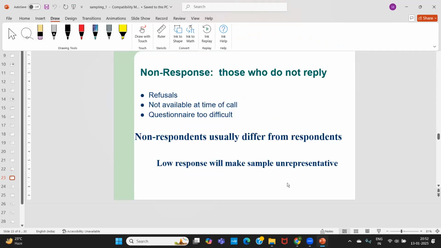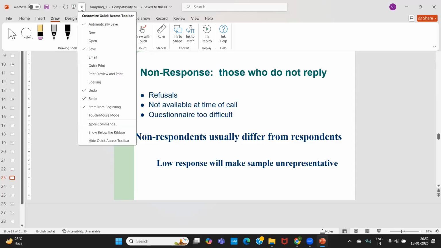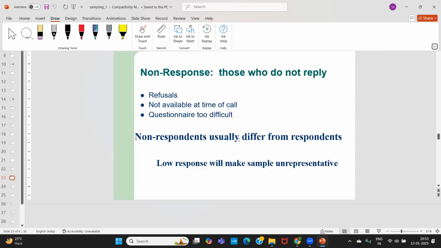Non-respondents usually differ from the respondents. And what is the impact of low response? It will make the sample unrepresentative, and whatever conclusion you come up with in your study is far away from the reality.